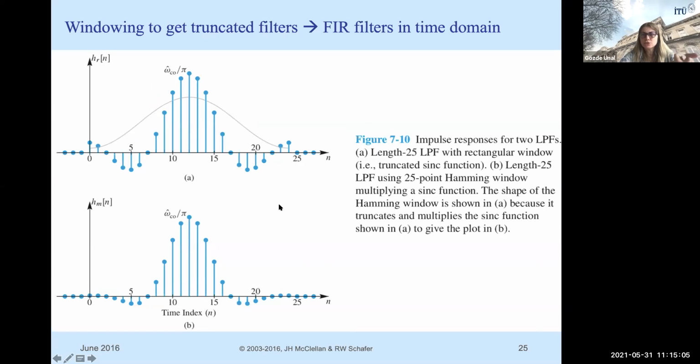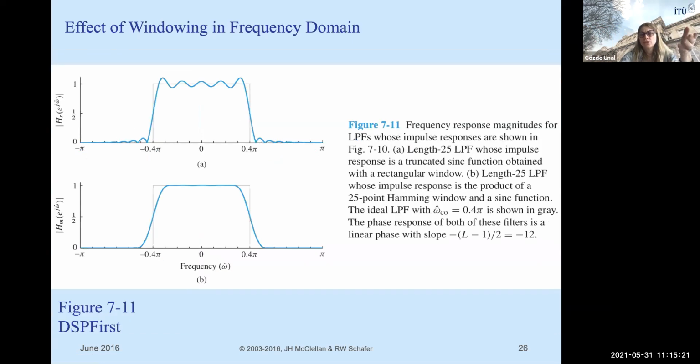Why? Because I have just 25 samples, right? It's an FIR filter. So two FIR filters, but they are obtained by two different windows. One is a rectangular window, one is a Hamming window. So in the second picture, the first one is the result of a rectangular windowing.